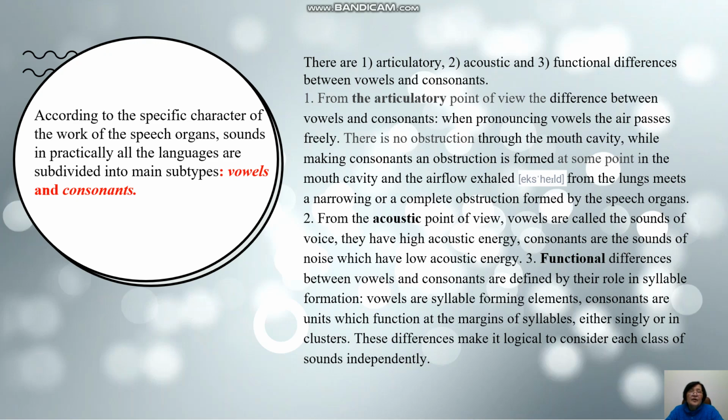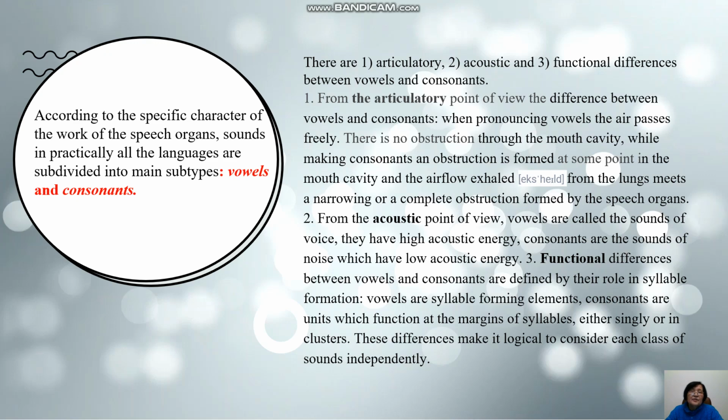There is no obstruction in the mouth cavity. While making consonants, an obstruction is formed at some point in the mouth cavity, and the airflow exhaled from the lungs meets a narrowing or complete obstruction formed by speech organs.